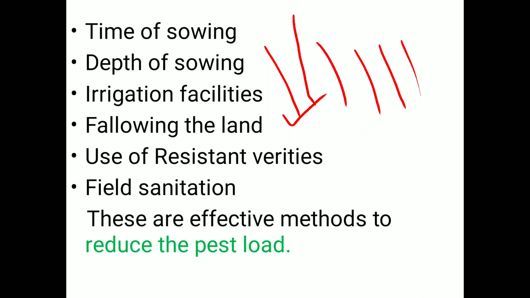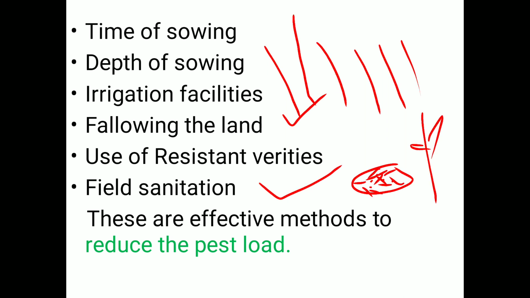Next, field sanitation. As we know, field sanitation is essential because most pathogens are present in plant debris. After the harvesting of the plant, whatever plant parts remain are plant debris, and when a favorable condition arises, they directly attack the main crop.